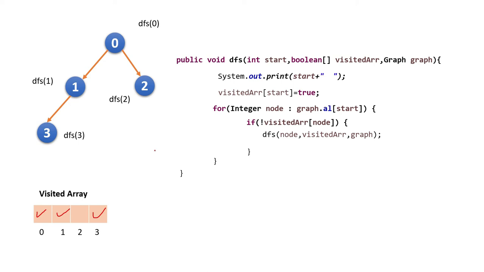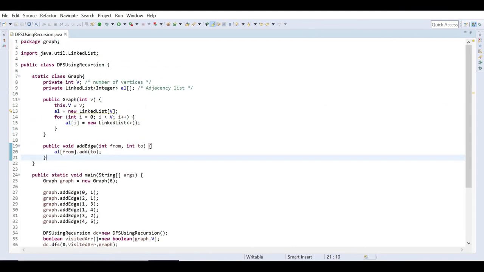Now in the IDE we will take a bigger graph and do the same procedure with complete coding. If you look here, I have defined a class called DFS using recursion. There I have taken one graph class which contains the number of vertices and the adjacency list, and it has an add edge method where we can add the edges, like from where to where we have to traverse.